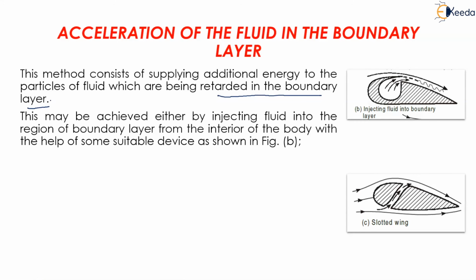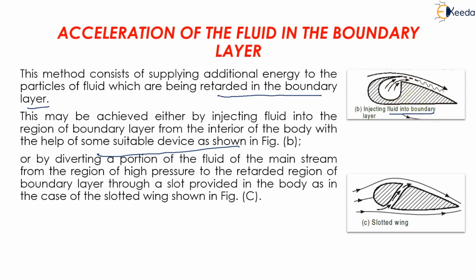This may be achieved by either injecting fluid in the region of the boundary layer from the interior of the body with the help of some suitable device as shown in figure B. So this is where we inject some fluid into the boundary layer, or by diverting a portion of the fluid of the main stream from the region of high pressure to the retarded region of the boundary layer through a slot provided in the body, as in the case of slotted wings.